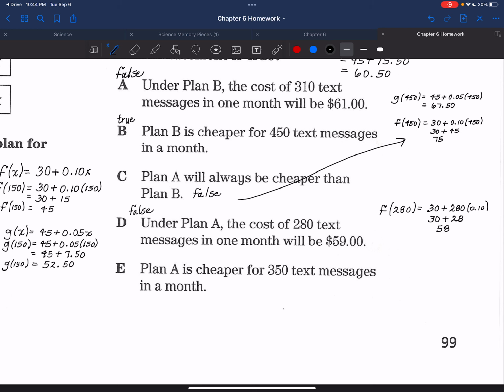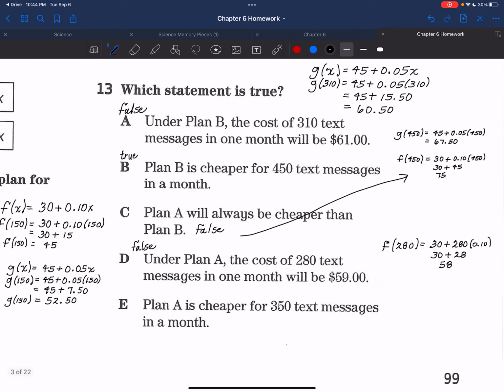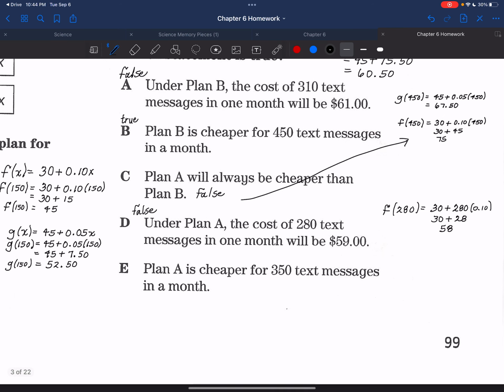And Plan A is cheaper for 350 messages than is Plan B. So for Plan A at 350, we would have $30 plus 10 cents times 350.